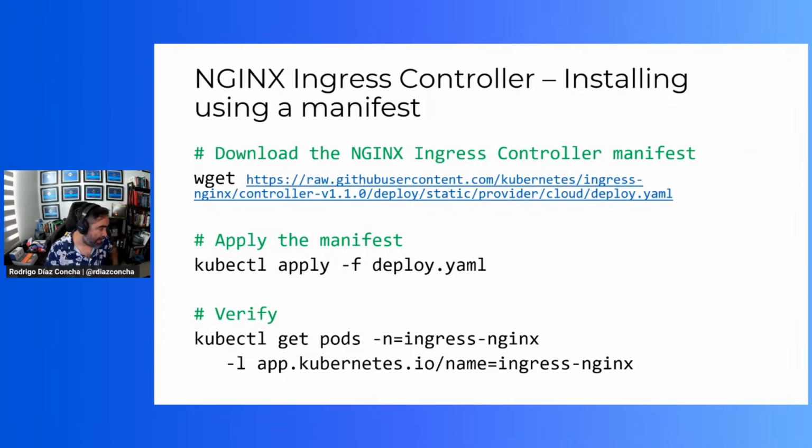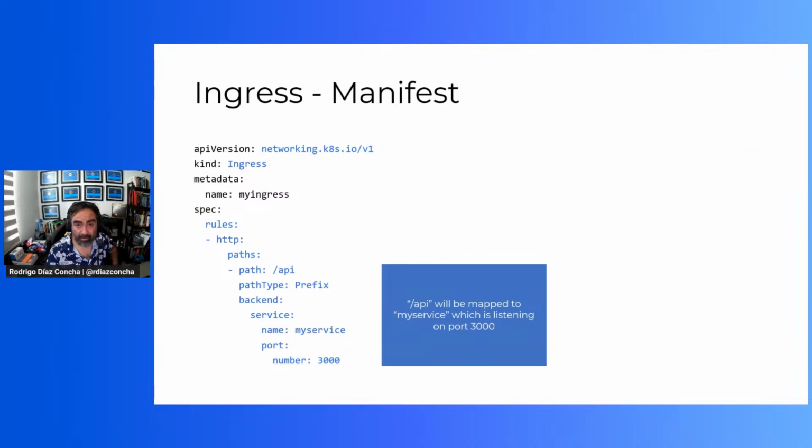Then you can create your Ingress objects by specifying a manifest file. As you can see here on the screen, the kind is Ingress, and the API version, at the time of this recording, is networking.k8s.io/v1. Here in the Ingress object, you specify the routing rules for the services that you want to expose, okay?